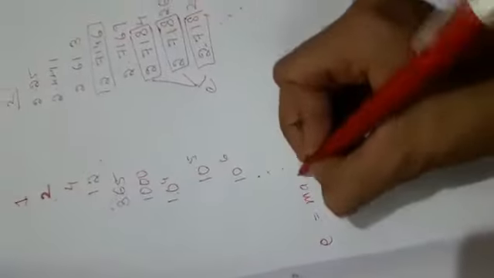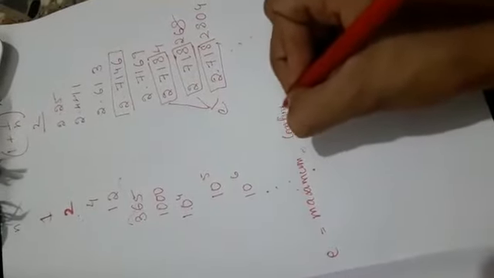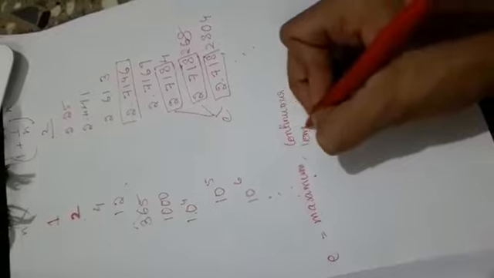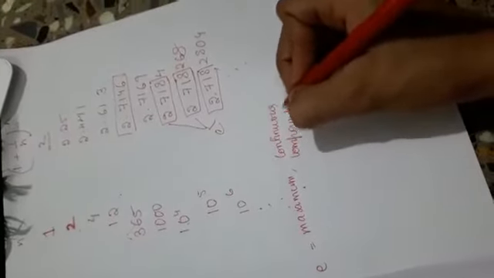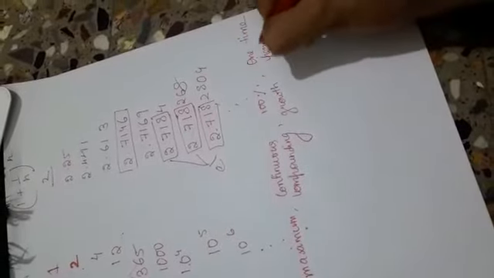So now we can say that e is the maximum amount that we get after continuous compounding with 100% growth rate after one time period.